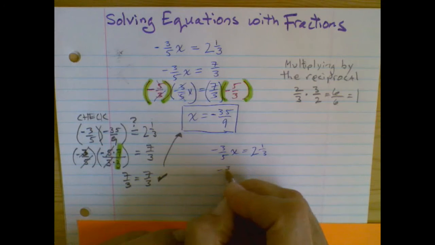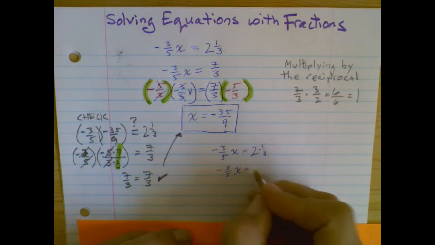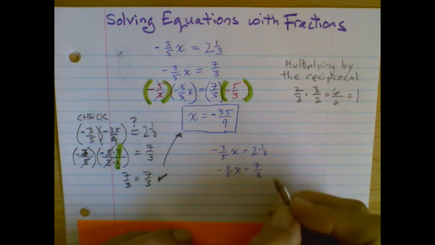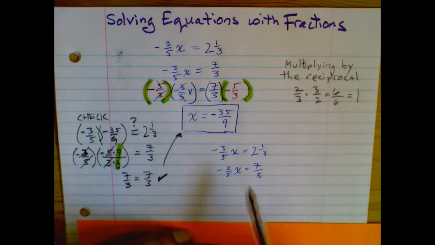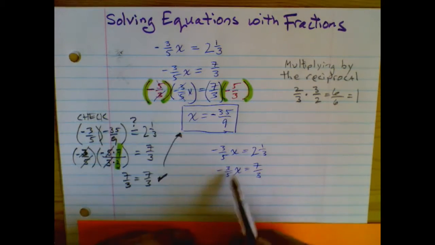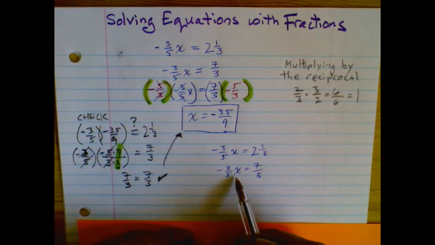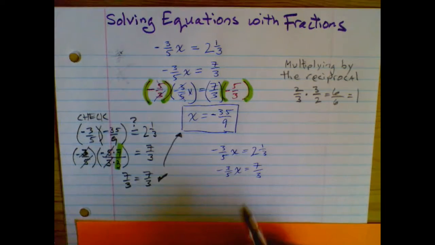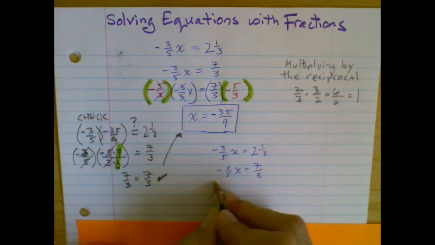I'll do my first step the same by changing this to an improper fraction of 7/3. Now, I know that I can always divide by what's in front of the variable, and that'll always have it turn out to be 1 as well.